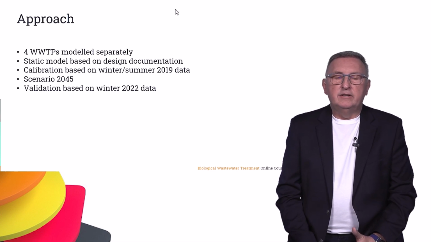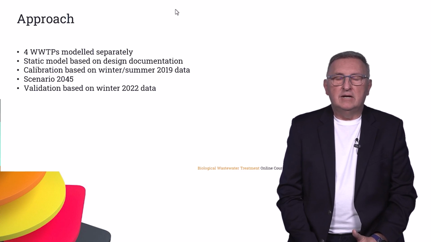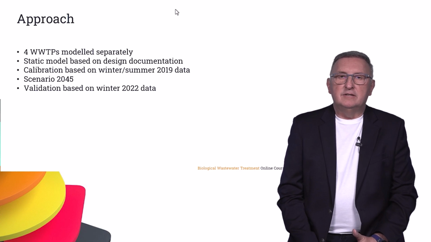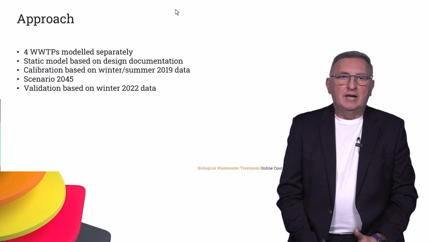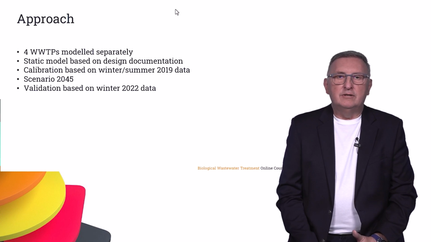And then we calibrated that model based on the winter and summer 2019 data. Remember, these periods are without wastewater treatment plants in operation. And then we used the model to develop scenarios to predict what will happen in 2045. Such a model we validated based on the winter 2022 data campaign.